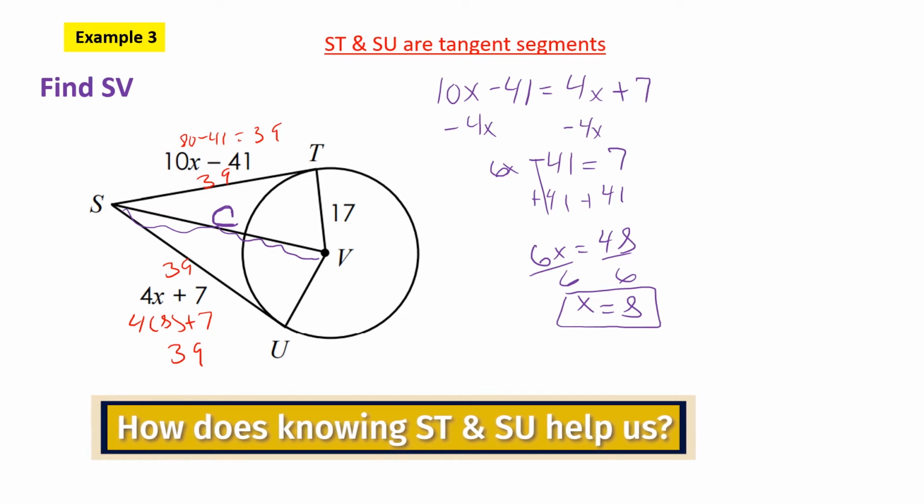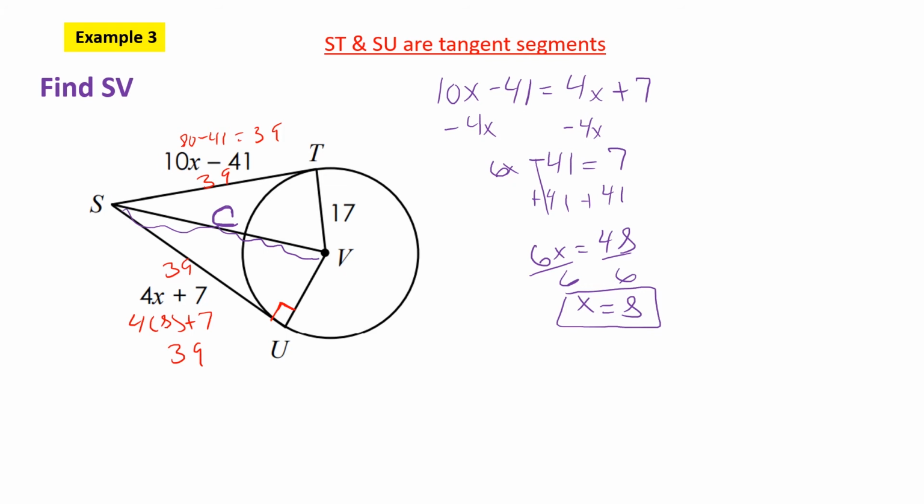Well, what do we know about tangent segments? If you remember from part 1, they are perpendicular to the radius. So the points of tangency here are U and T. That will make these right angles, right? Because these are tangent lines. What do you think about when you think about right angles and right triangles?